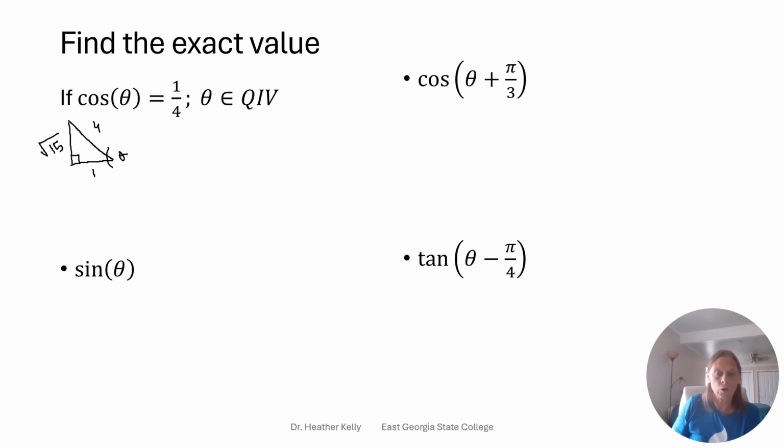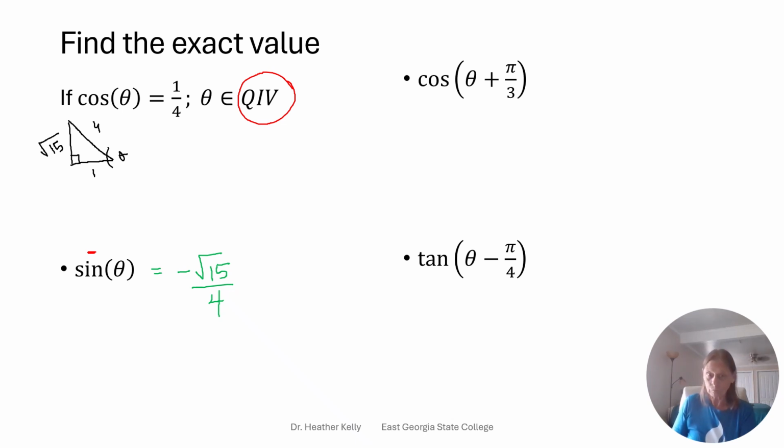And because we're in quadrant 4, the sine in quadrant 4 is negative, right? So sine of theta is equal to negative square root of 15 over 4. Done, done.